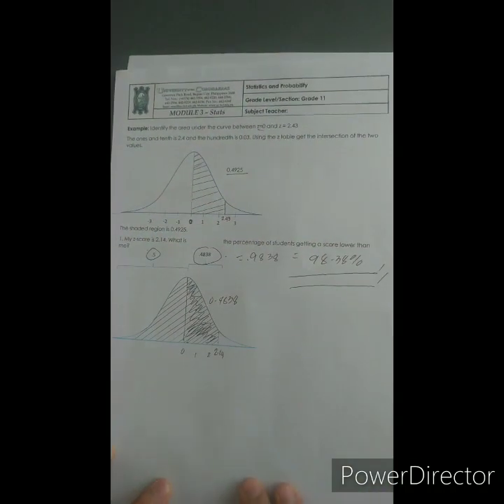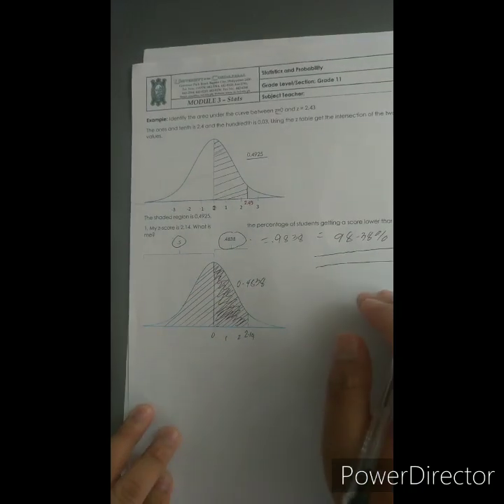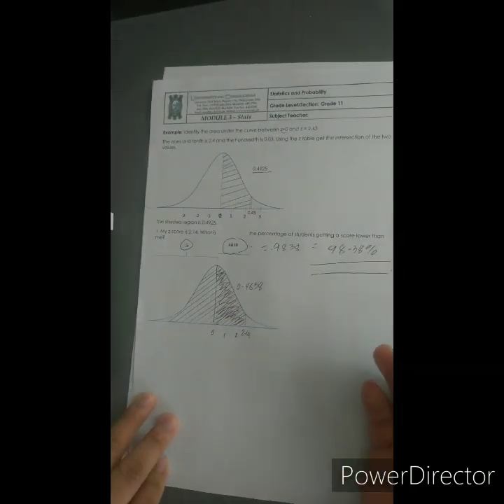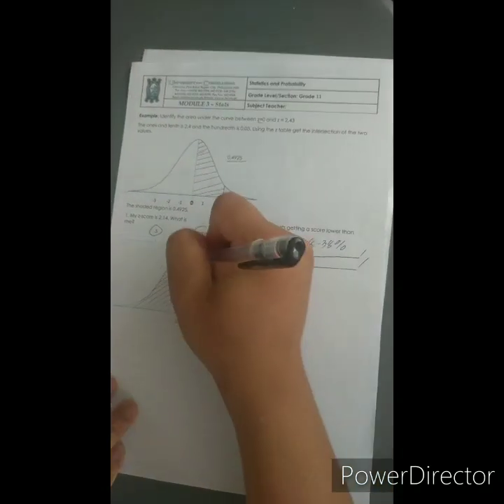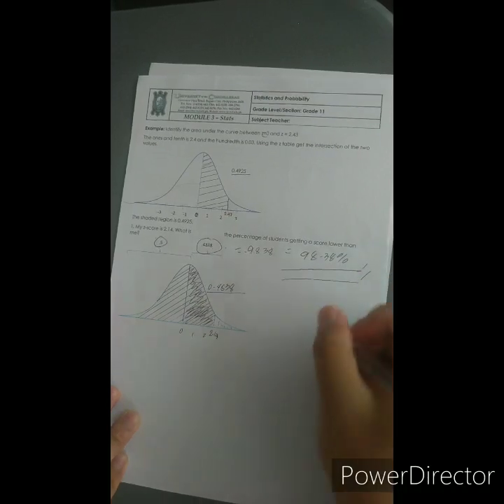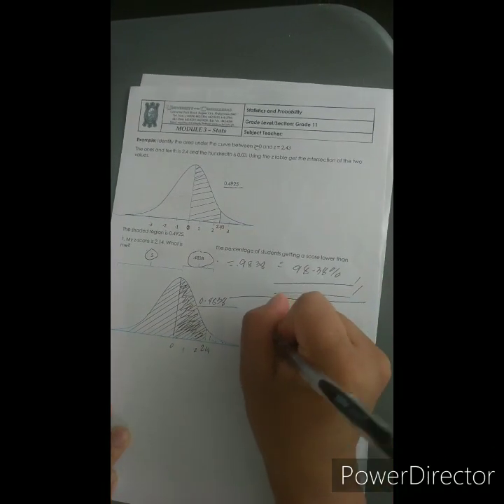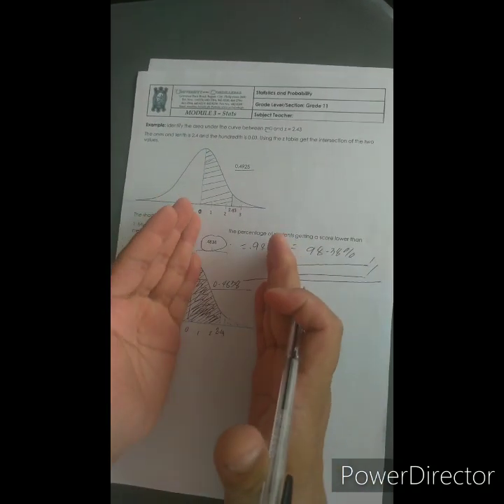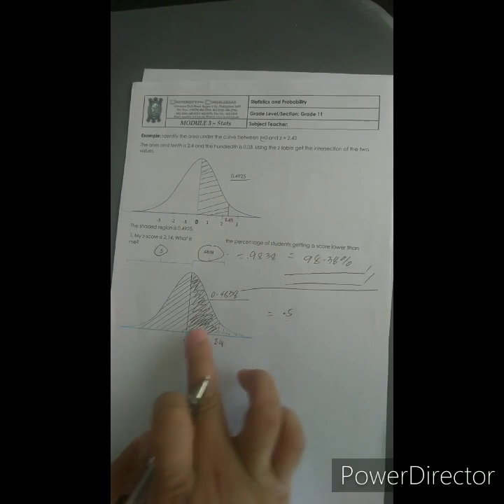Okay, paano naman pag ang question ay ilan ang tumalo sa kanya? So, simply ito lang ang isa-solve natin. Yung area na ito ay 0.4838. So, ang gagawin natin ay, kung ilan ang tumalo sa kanya, 0.5. Bakit 0.5? Kasi yung buong ito ay 0.5. Tama? Itong 0.4838, ito siya.